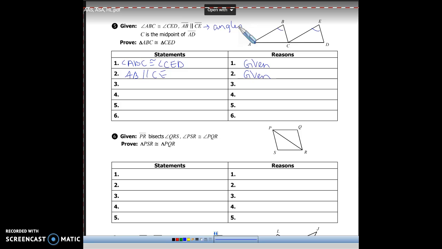So really quick, if we look at this, AB is parallel to CE. Okay, if those are my parallel lines, I have a transversal. Let's see what's going to be my transversal here. This is going to be my transversal.